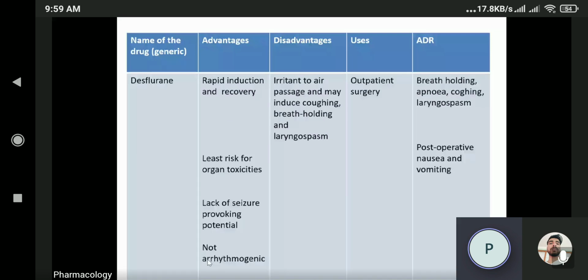Again, they have rapid induction and recovery. They also lack seizure-provoking potential, so they can be safely used in patients with epilepsy, and they are not arrhythmogenic in nature. However, they are irritant to air passages. When a drug becomes an irritant to air passages, they can induce coughing.